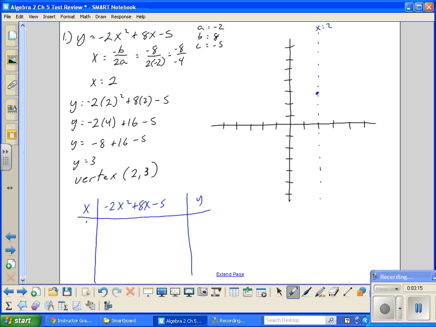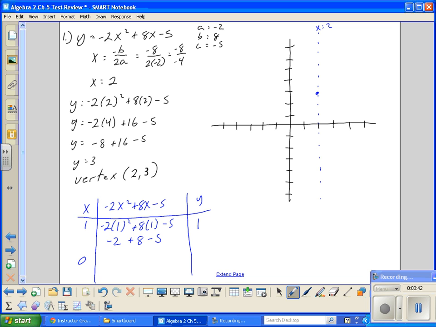So we use 1, so that's negative 2 times 1 squared plus 8 times 1 minus 5, or 1 squared is just 1, so negative 2 times 1 is negative 2 plus 8 minus 5. So negative 2 plus 8 is 6. 6 minus 5 is 1. So that gives me the point 1, 1.